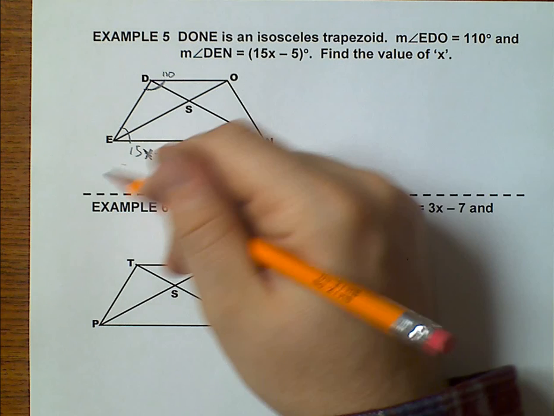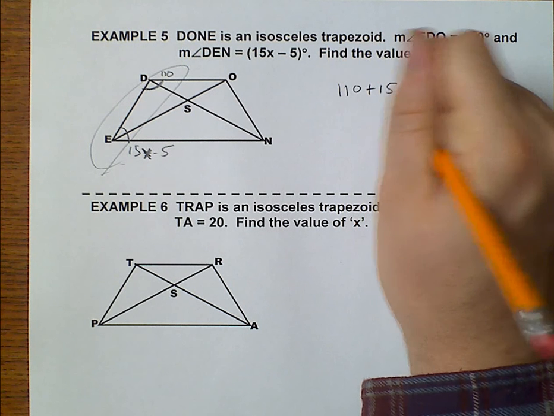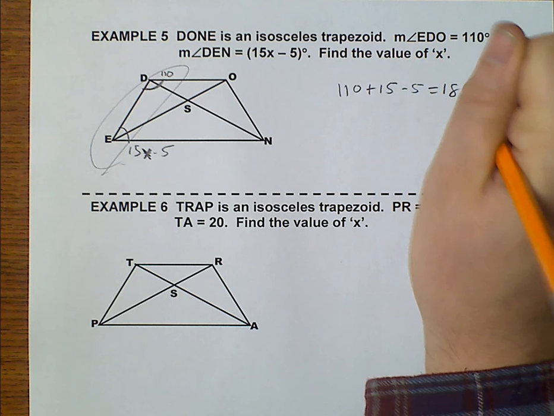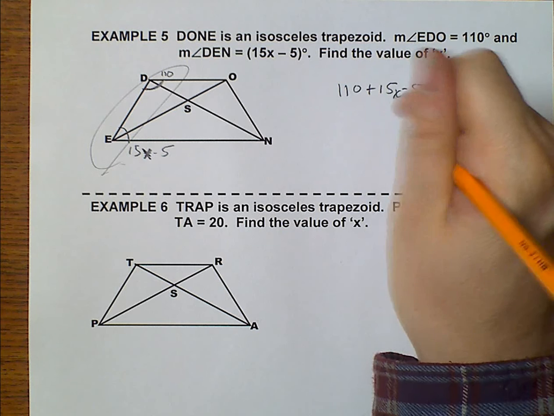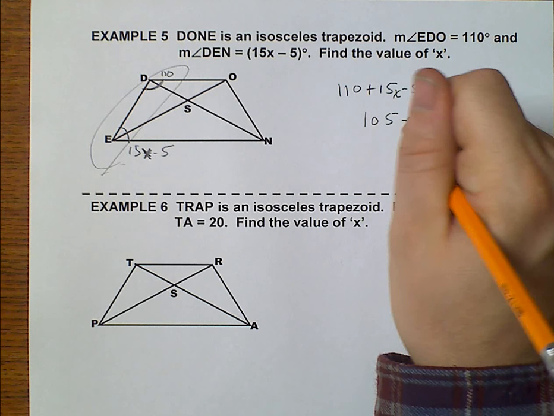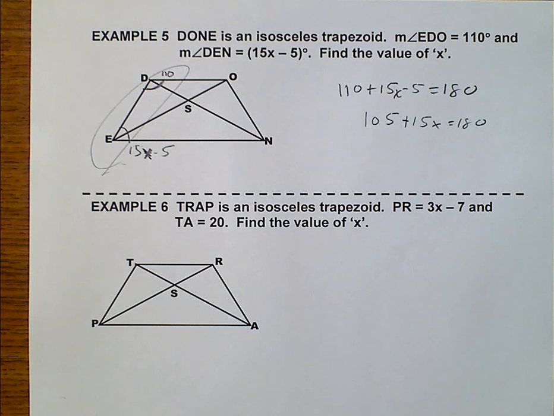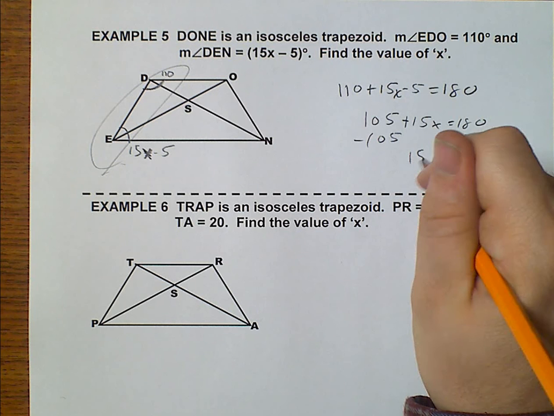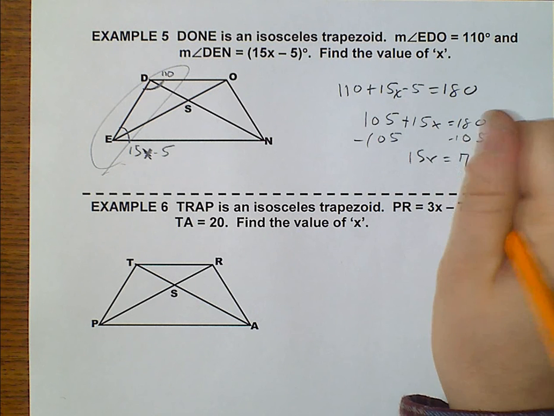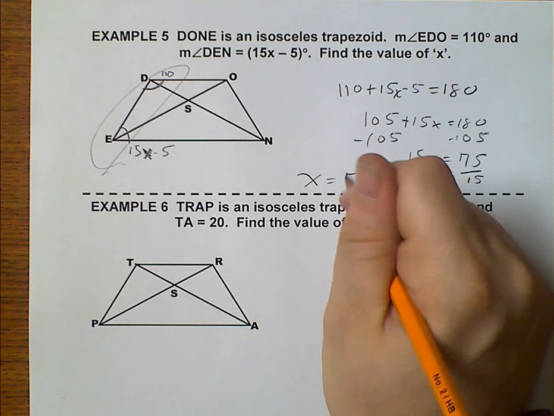Well, these are supplementary, so that means that 110 plus 15x minus 5 will equal 180. 110 minus 5 is 105, plus 15x must equal 180. When we subtract 105, we get that 15x equals 75. And then we divide that by 15, and we get that x equals 5.